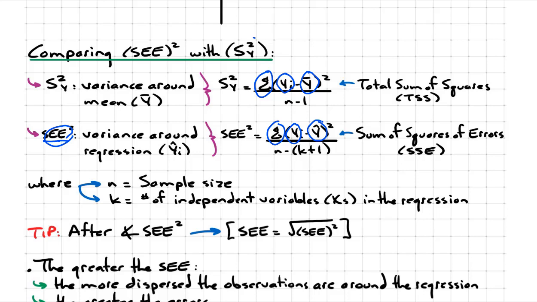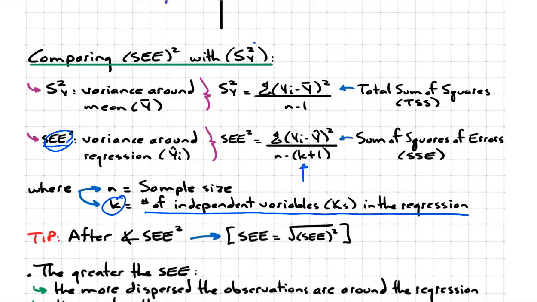That's the main difference. And then of course we square, we know why. And the other difference is the denominator. So when you're calculating standard error, we have to take into consideration the number of independent variables in the regression itself. That's what k represents over there.